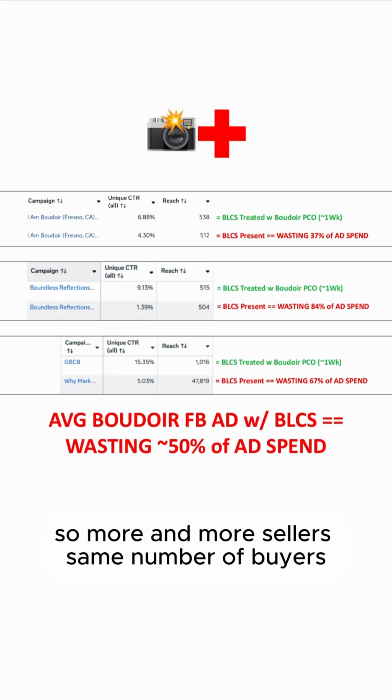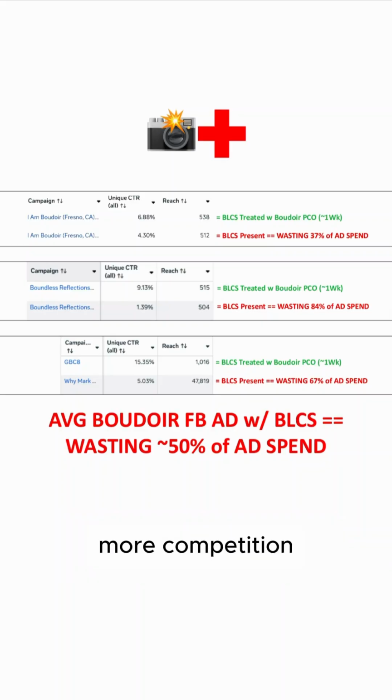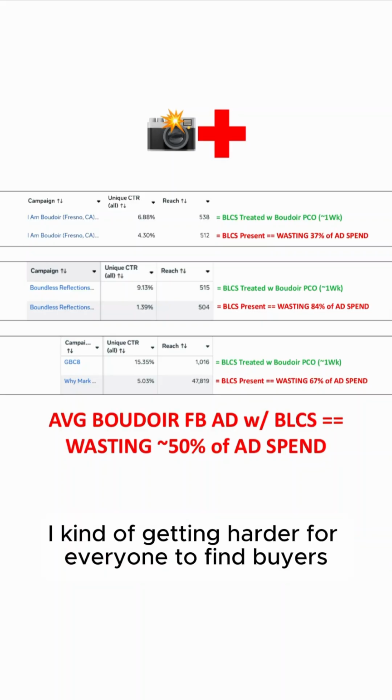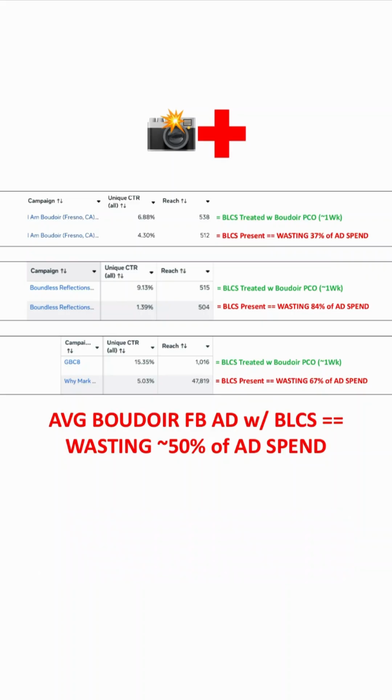So more and more sellers, same number of buyers, more competition, getting harder for everyone to find buyers.